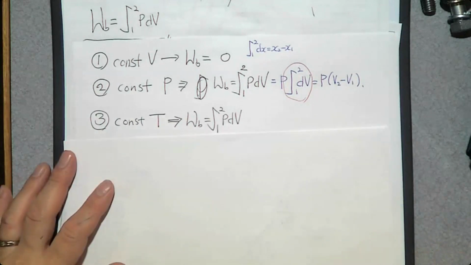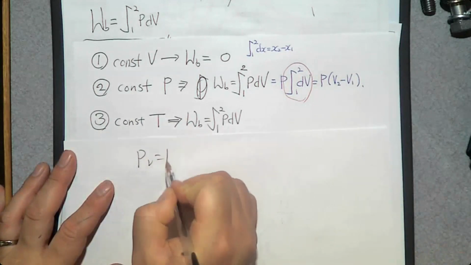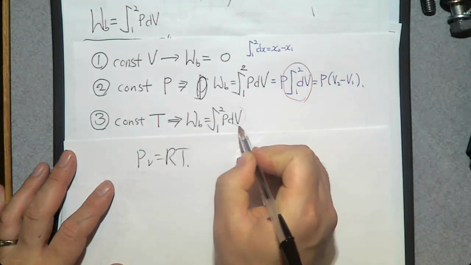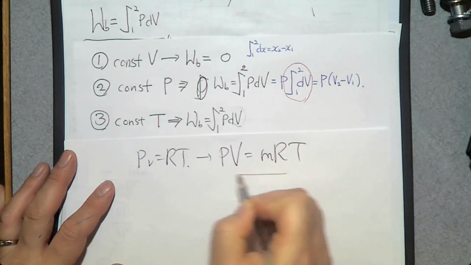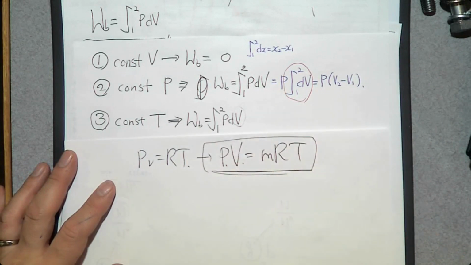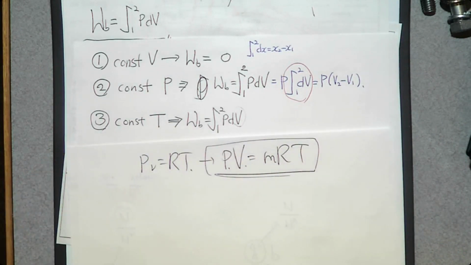So let's talk about the ideal gas equation. You can say Pv is RT, but we have a capital V, so you can say PV is mRT. This is the equation that has P and V. Is this P variable or constant? Variable. It's not a constant pressure process anymore.